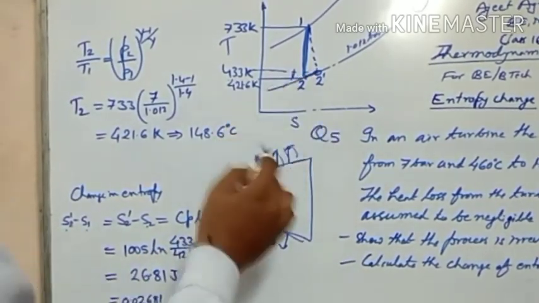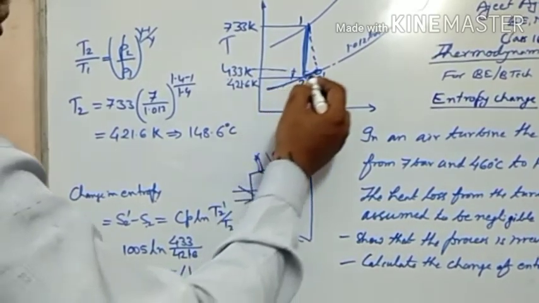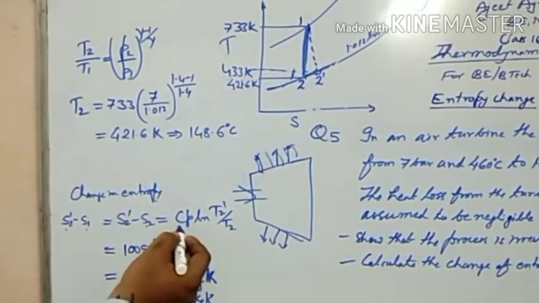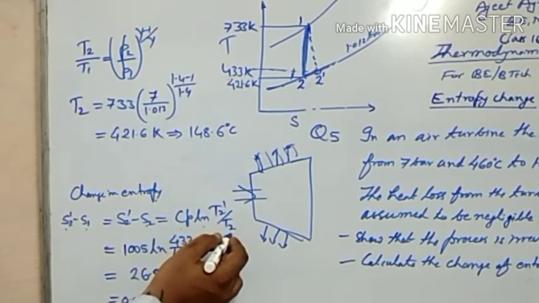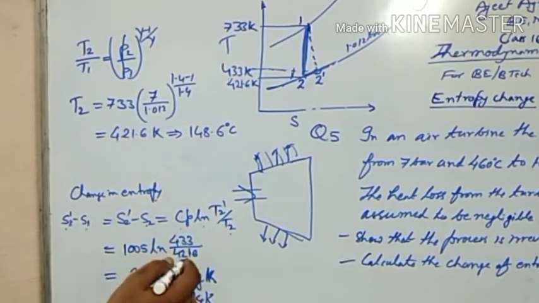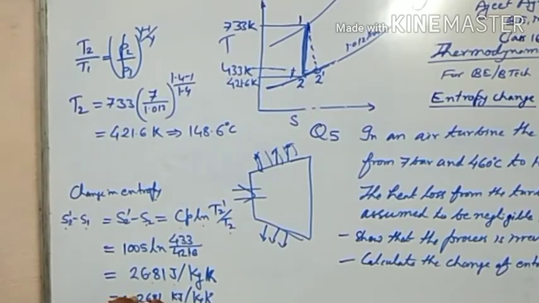So 2 to 2 dash is a constant pressure process. So we can write the formula Cp log of T2 dash upon T2. Substituting the values, you will get 26.81 joules per kg Kelvin as the change in entropy, or 0.02681 kilojoules per kg Kelvin.